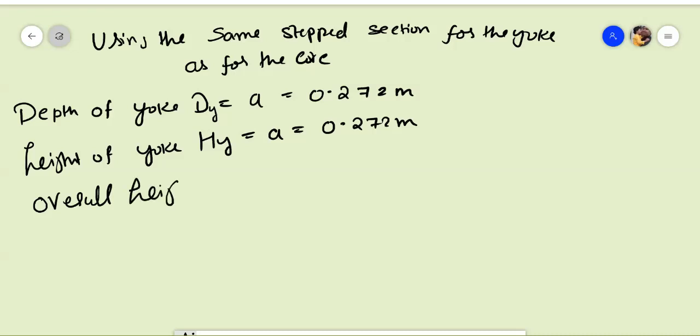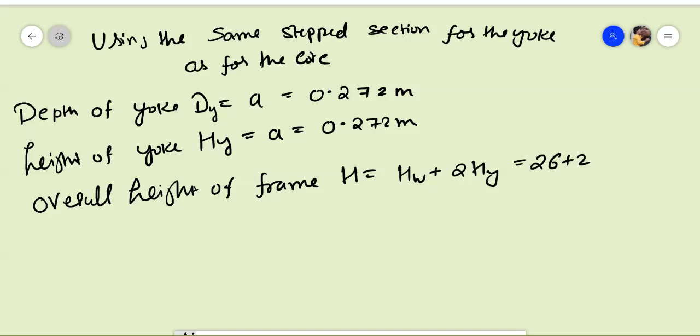Overall height of frame H is equal to Hw plus 2 Hy, that is 0.26 plus 2 into 0.272.